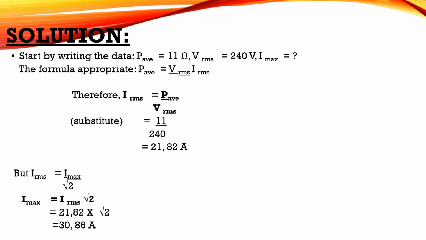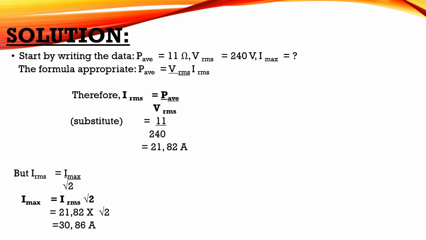For the solution, you start by writing the data. R is equal to 11 ohms. Vrms is equal to 240 volts, and you are required to calculate the current maximum or current peak. The appropriate formula: P average is equal to Vrms multiplied by Irms.